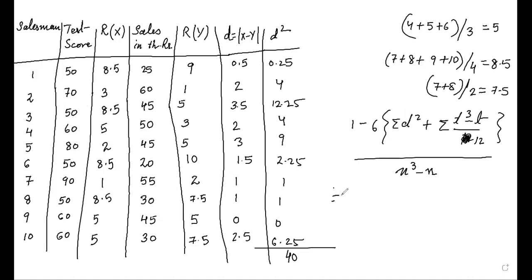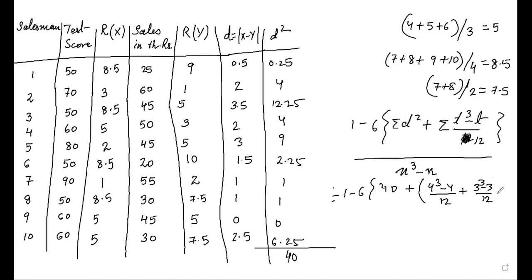So we can evaluate it like this. This will be 1 minus 6 into summation d square, which is 40, plus, now this summation will be taken individually. First tie is with four individuals, so I will write 4 cube minus 4 divided by 12. Then the next tie is with three individuals, that is 5, so 3 cube minus 3 divided by 12.